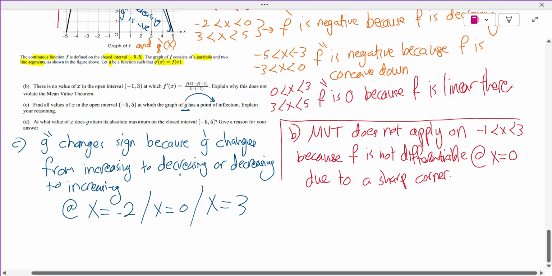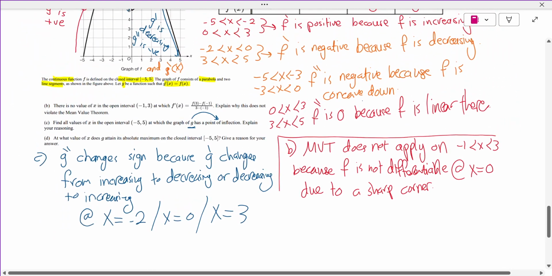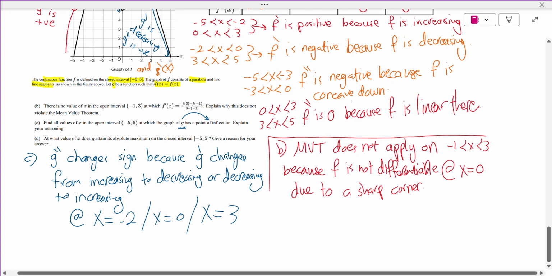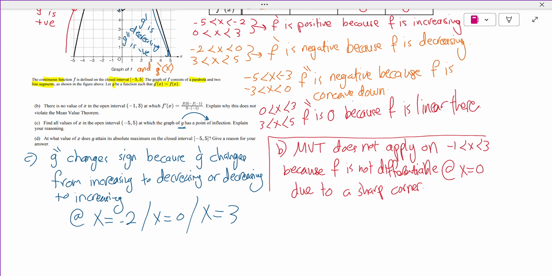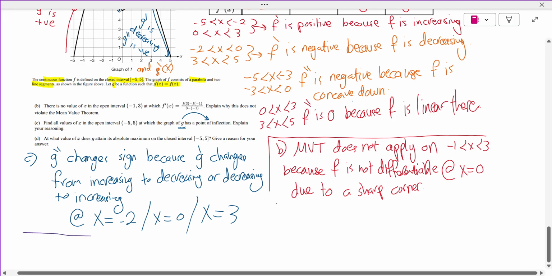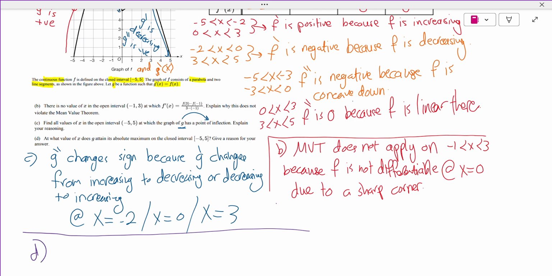Well, for part D, for the last part, notice that on the interval from -5 to 5, we need to find at what value of x g attains its absolute maximum.